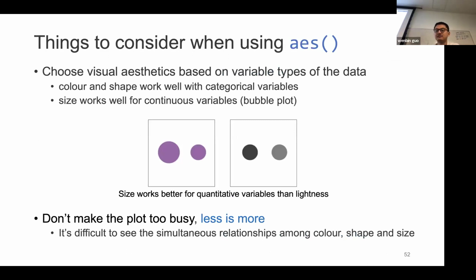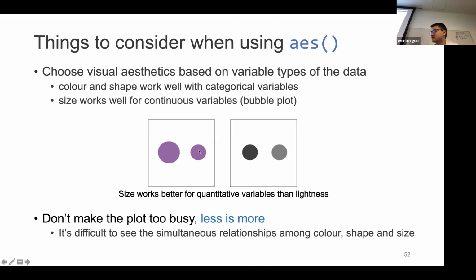So you can probably map the categorical variables to color and shape. But if you are working with continuous variables, then size will probably be a better choice, because sometimes it is really hard to distinguish the lightness of a color, but we are really good at distinguishing the different sizes of circles.